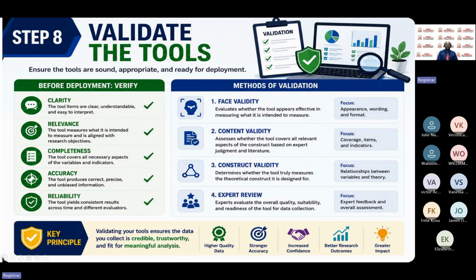And we have to make sure that the sensors give accurate data. So what we do, we use handheld devices to check the reading of a location, and we install our sensors and see if there are any variations. If there is a variation, we correct the error. So before we deploy, we verify the clarity. Thus, the tools give you clear, understandable, and easy to interpret data.